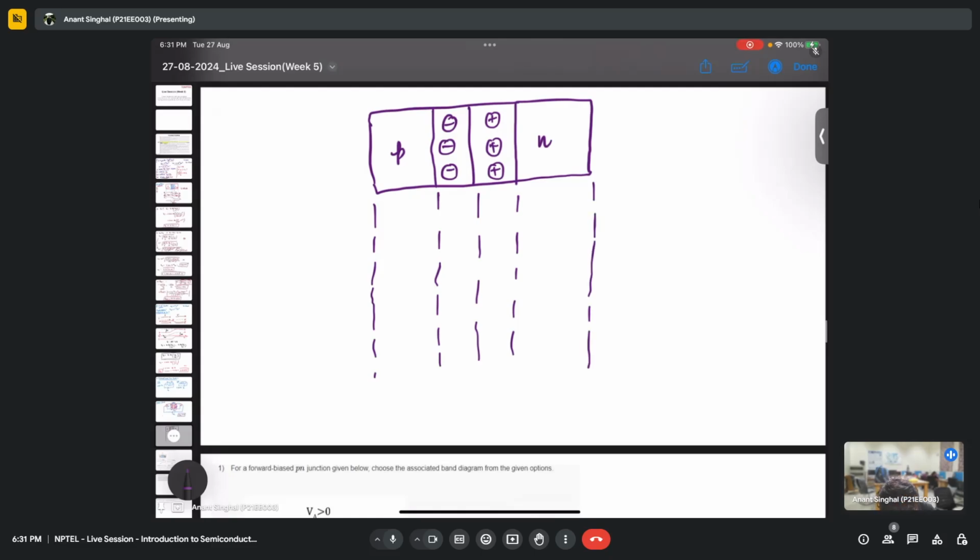I'll again say I have certain positive voltage here and certain negative voltage here. First of all, let me try to make the conduction band profile, not the conduction, but let's say first make the Fermi level only.